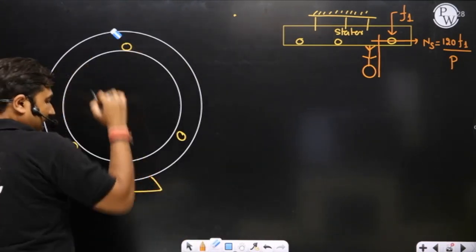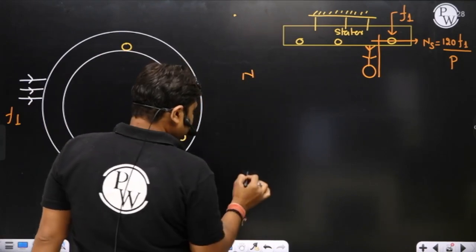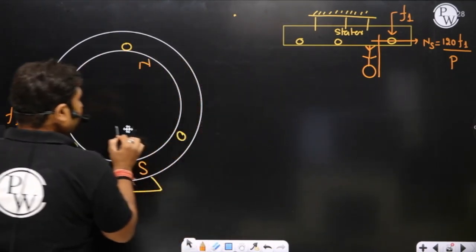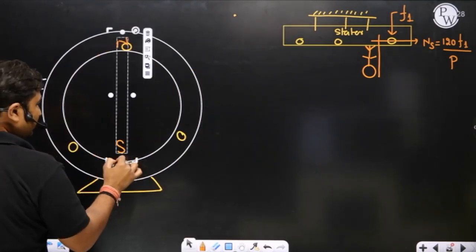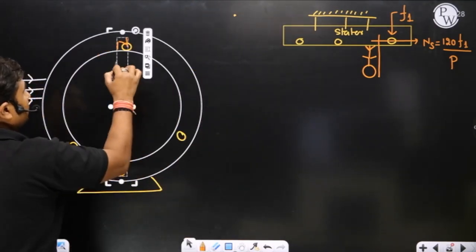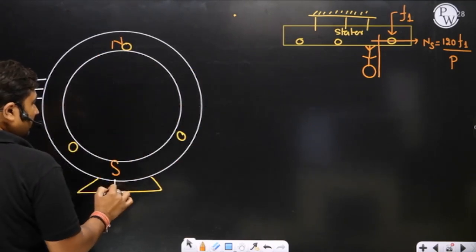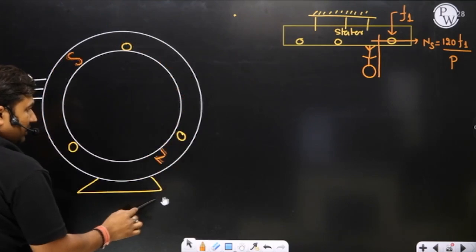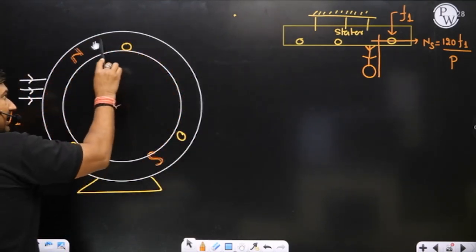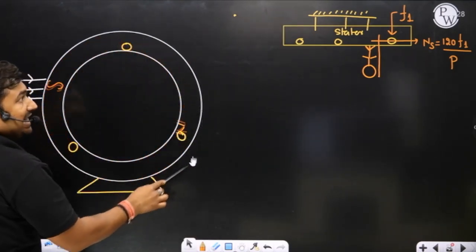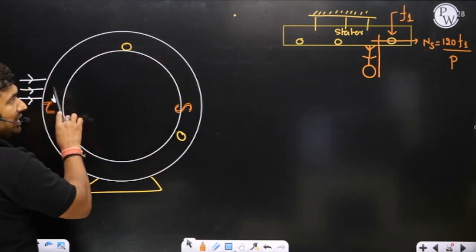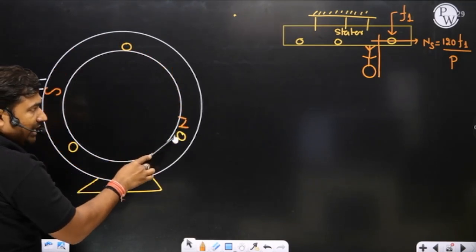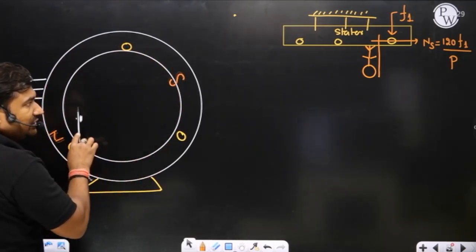So we have created a field, north and south, and this field is rotating with respect to the stator winding. The current flowing into the stator winding creates this rotating magnetic field, rotating at a speed of ns, where ns is 120 f1 by P, and the direction of rotation depends upon the phase sequence of supply.